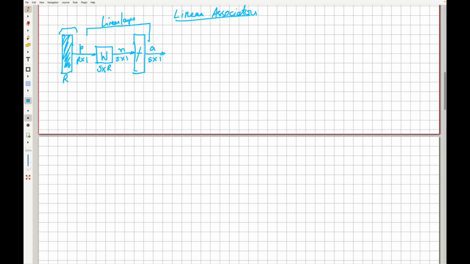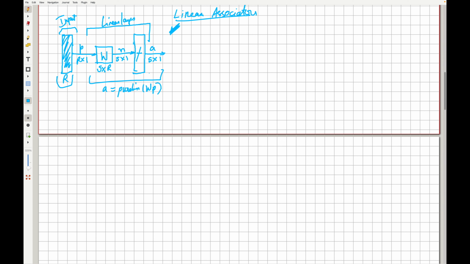This part is the input, and the A that we have is equal to, in this case, purelin(WP), and this is the linear associator that we are going to talk about.